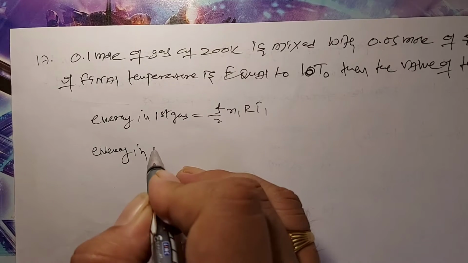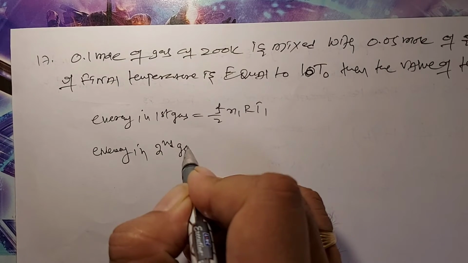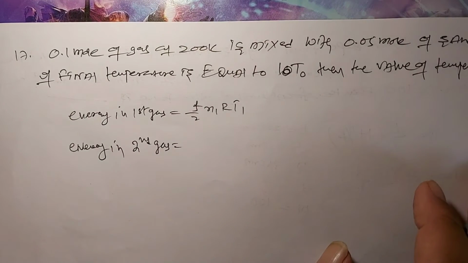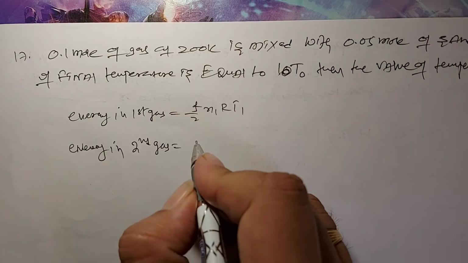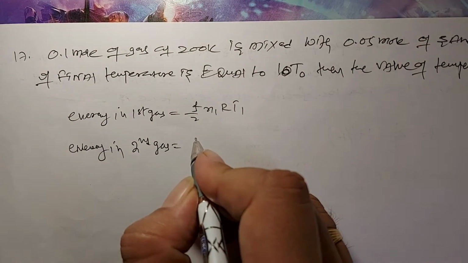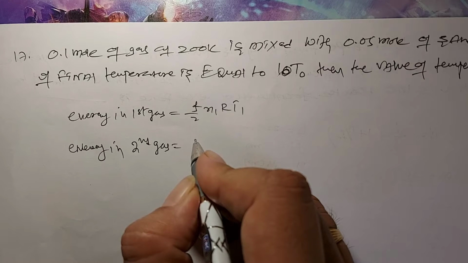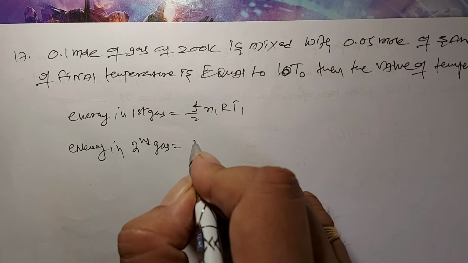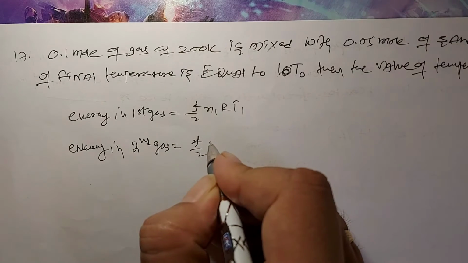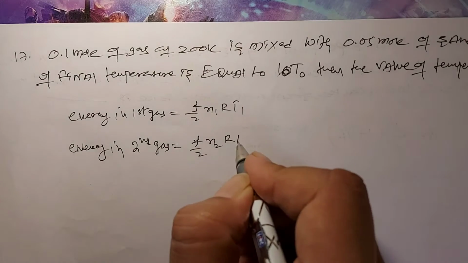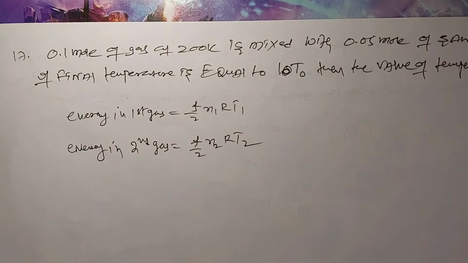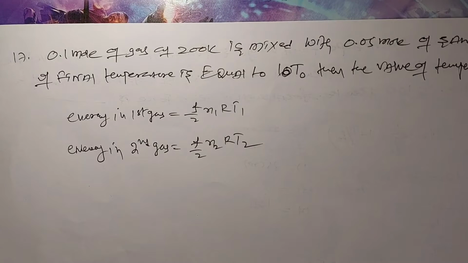Energy in the second gas is f by 2 n2 R T2. Here the gas is the same, so the degrees of freedom are also the same.